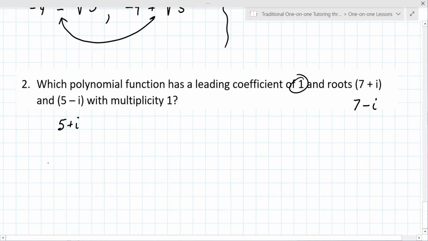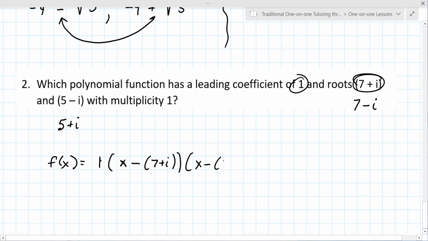Okay, so your function is a, which is 1 times, and this is where you gotta be really good with your parentheses, x minus 7 plus i. I'm taking this whole thing and putting it in parentheses, not trying to distribute. And you do the same thing for the other one here. We will distribute the negative, but not yet.